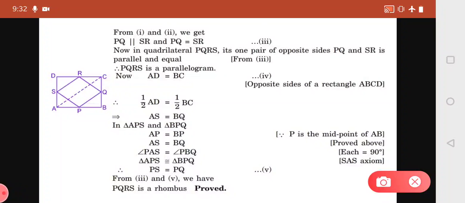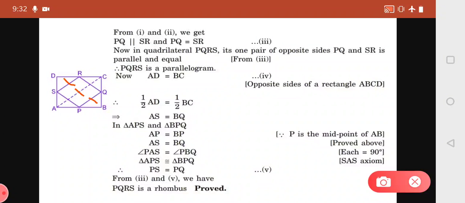We have seen that PQ is parallel to AC and SR is also parallel to AC. So we will get PQ parallel to SR because lines parallel to the same line are parallel to each other. And PQ equal to half AC and SR equal to half AC.